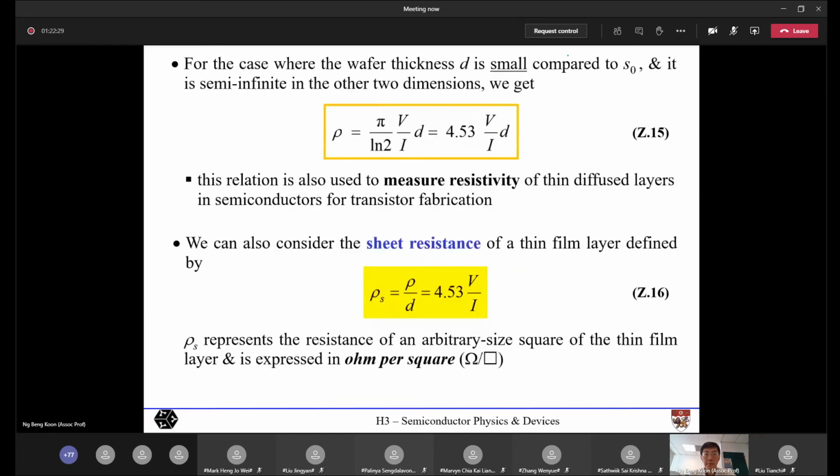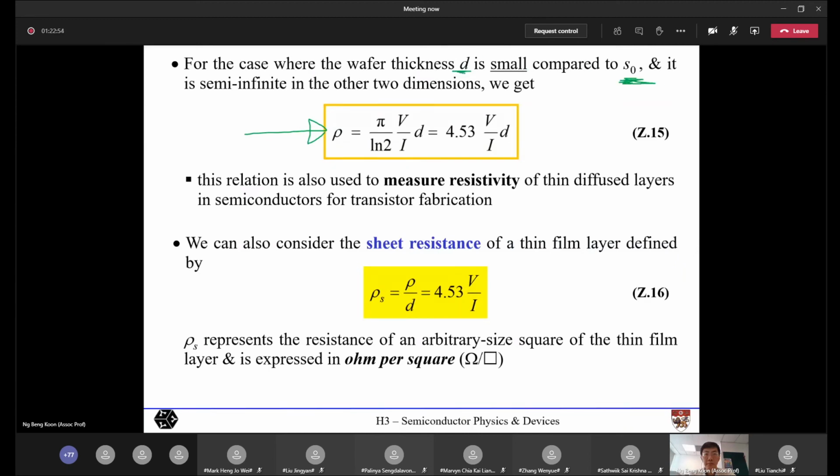In terms of the experiment that we're using in lab 2, the condition will meet this one here, where the wafer thickness D is small compared to S naught. S naught is the spacing between the probes.